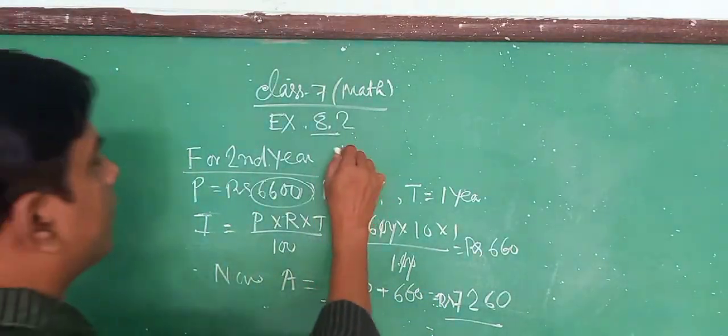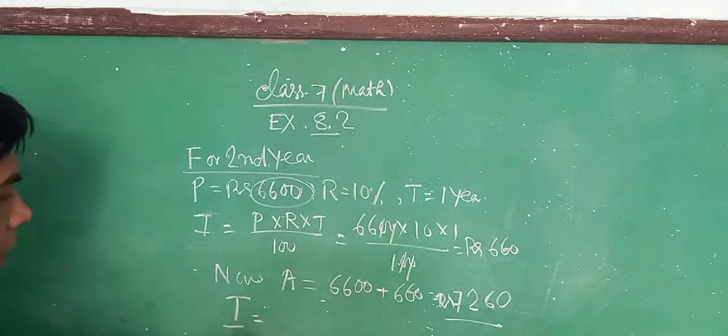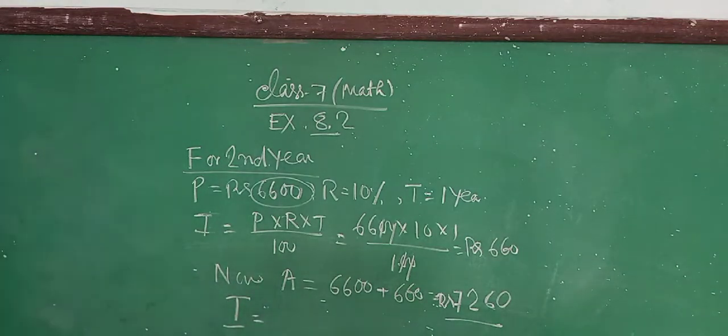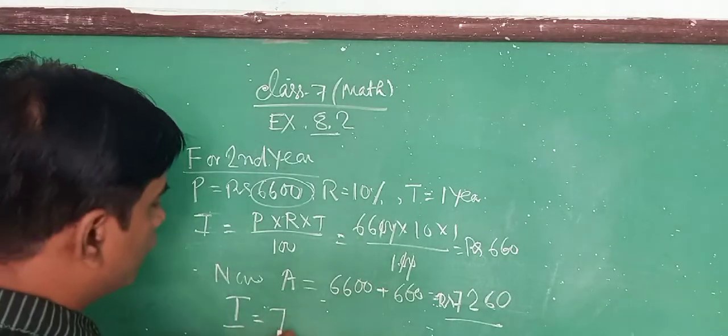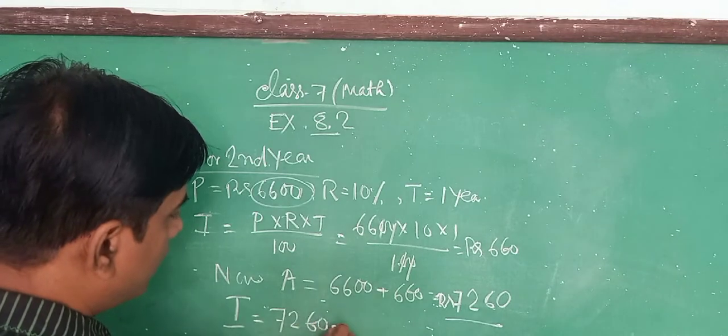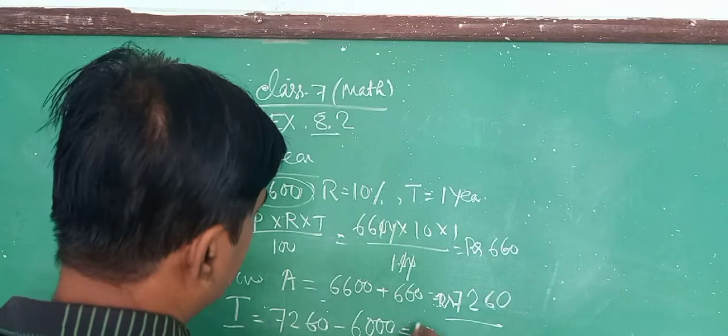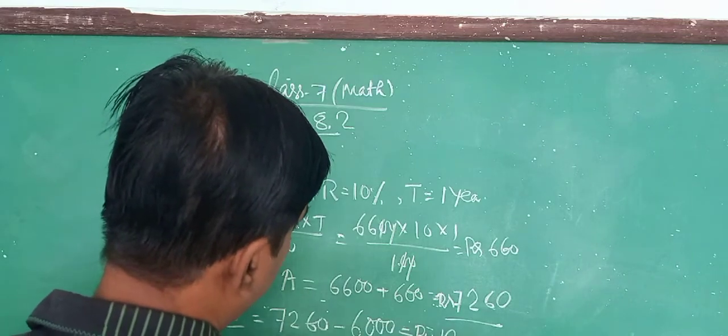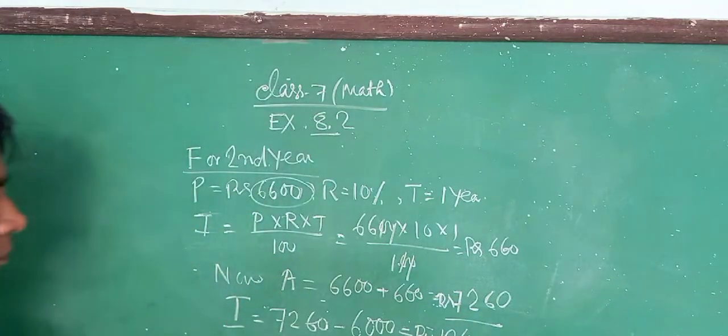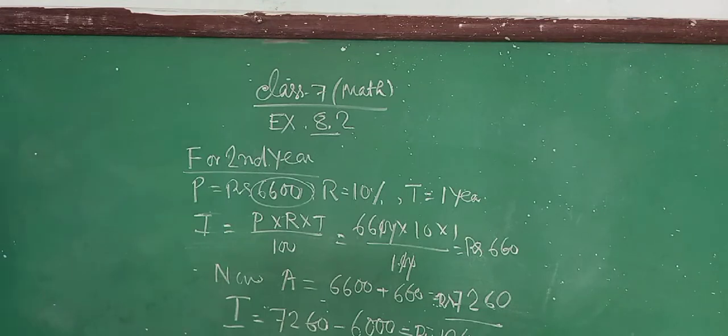So the interest will be 7260 minus 6000, that is rupees 1260. Clear? Okay.